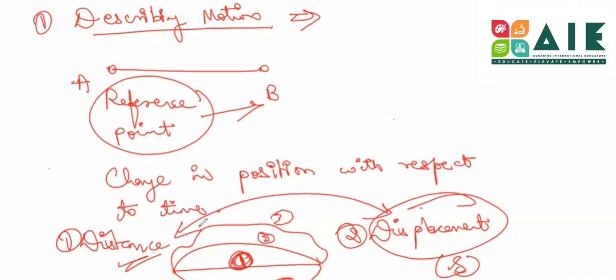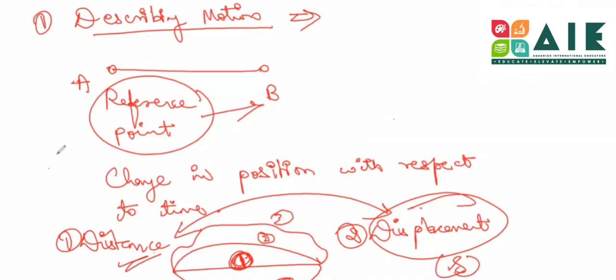Understood? Yes, Akshita? But if in case he is using some other track, he will tell you that a long track has been chosen, or an unorganized track is chosen, or a man walks a distance. Then you need to understand, this is distance and this is a different thing. But if he is using displacement only, that means he had chosen the shortest track only. Done? Any doubts still here?